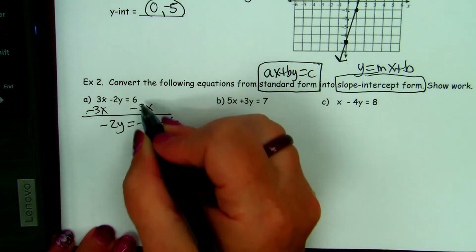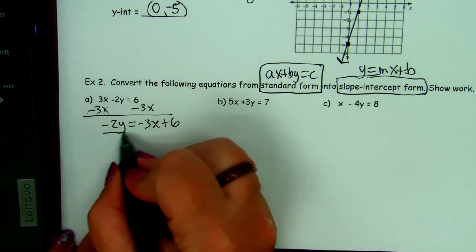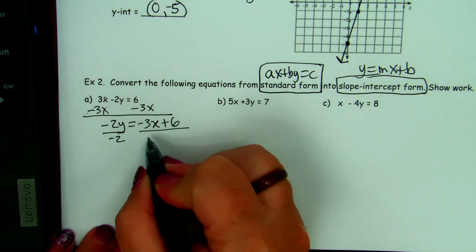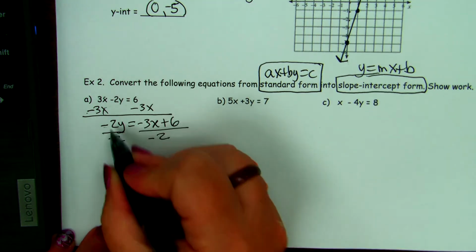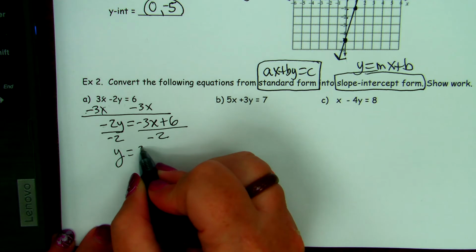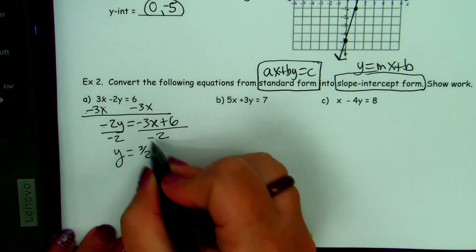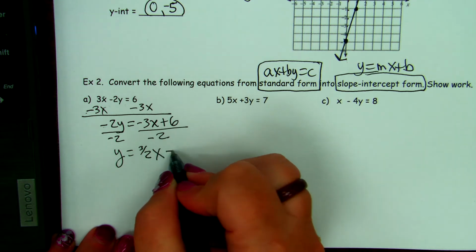So the 6 has to go at the end. And then the way to get rid of the negative 2, these are multiplied, so you're going to divide by negative 2. They cancel. Negative 3 over negative 2 is positive 3 over 2. The negatives cancel. 6 divided by negative 2 is negative 3.